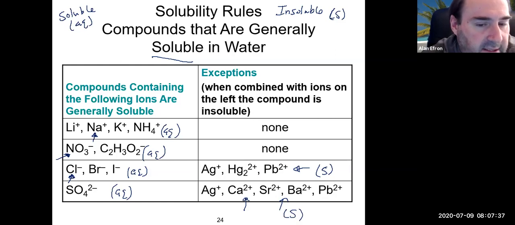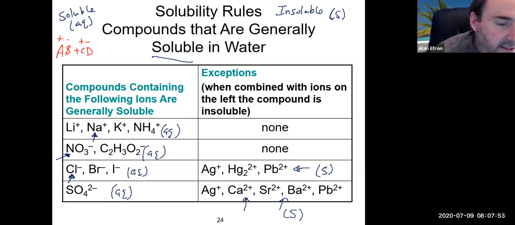We then started talking about types of reactions, and the big type of reaction that we started with was double displacement reactions. That's the big umbrella, if you will, of a class of reactions. The way you can recognize those is you have two ionic compounds, and the positive ions end up switching partners on the other side.